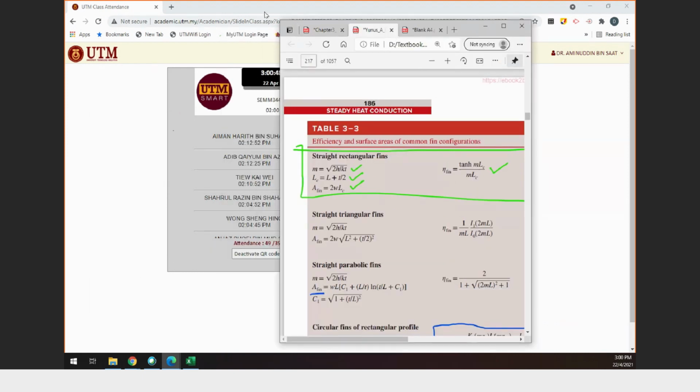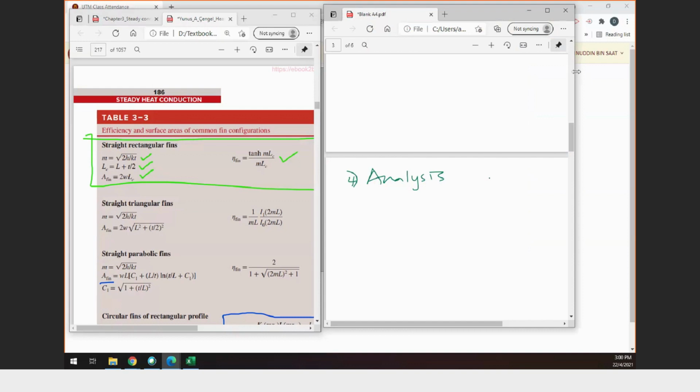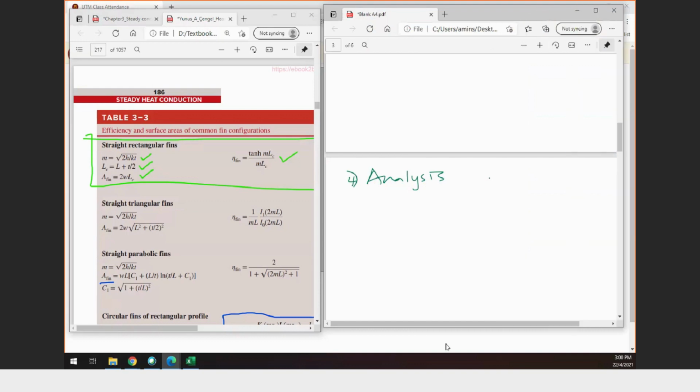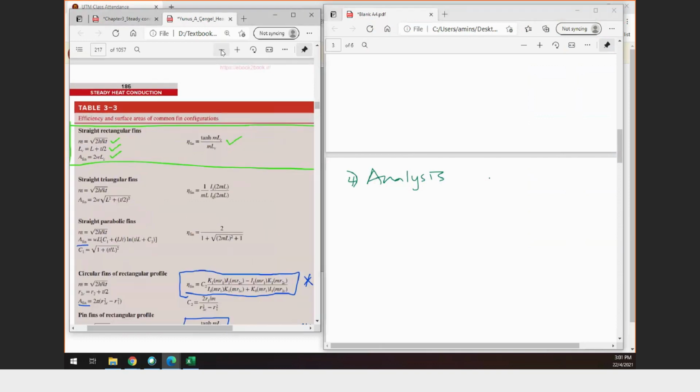So I put it side by side so that we can write down what equation we can use for the calculation. Can you see clearly? First you need to calculate the m value.